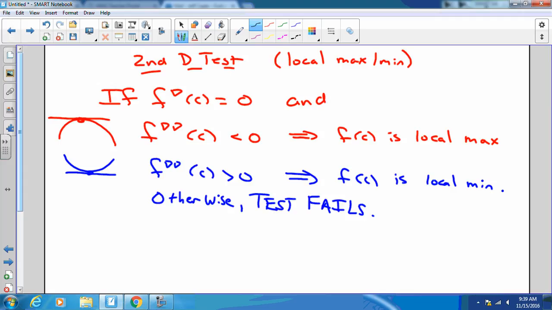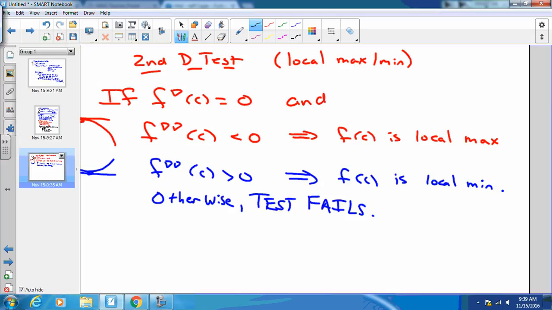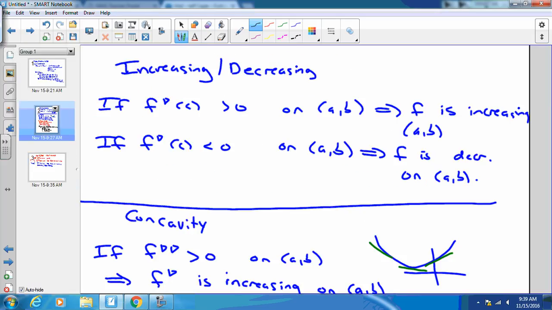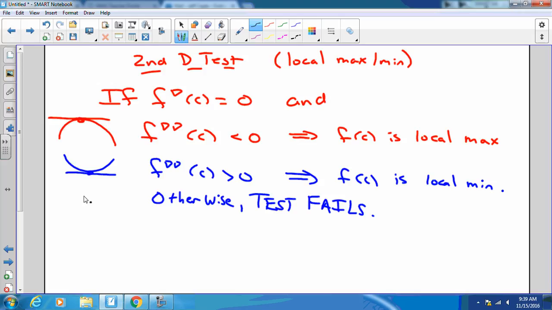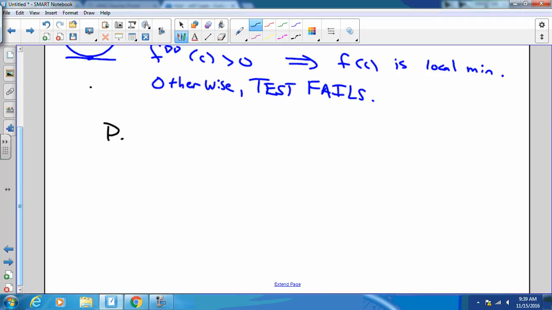I only said that f double prime of c is less than 0. So that actually takes us a little bit out of the realm of this stuff right here and into the case where f double prime of c is negative at a single point. What implications can I draw? Well, actually, we already have the tools to deal with this.